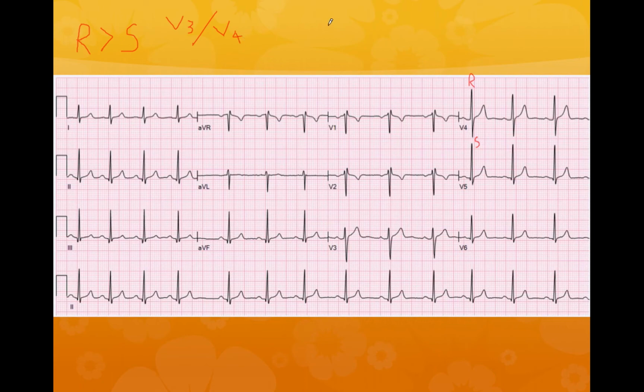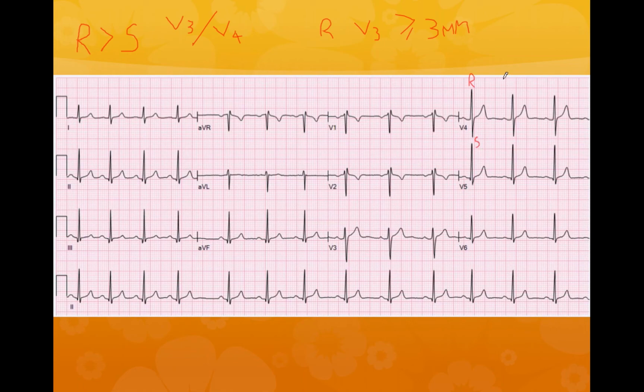The other way sometimes people refer to it is if the R wave in V3 is greater than or equal to 3 small squares, or 3 millimeters or millivolts, however you want to say. If it satisfies one of these two criteria, then we can say that it's normal R-wave progression.